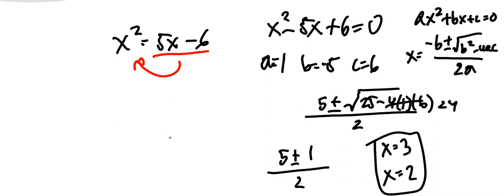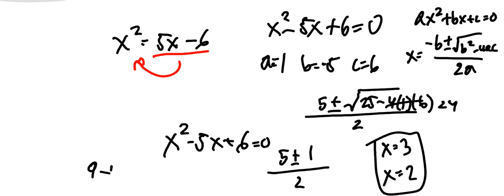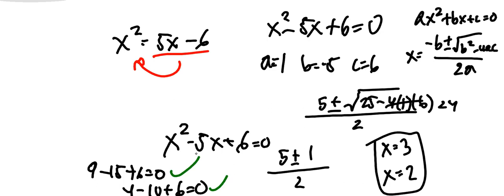So we're going to have x squared minus 5x plus 6 equals 0. And if we replace it with 3, 9 minus 15 plus 6 equals 0. And for 2, 4 minus 10 plus 6 is also equal to 0. So we know that both of these solutions are correct.